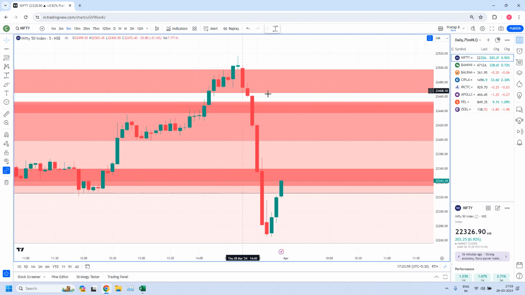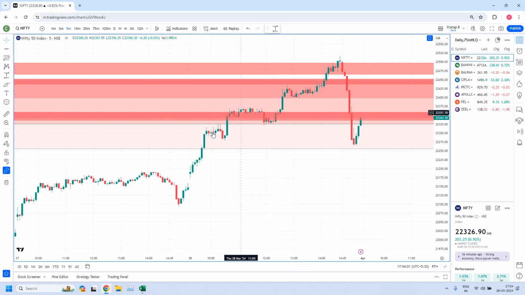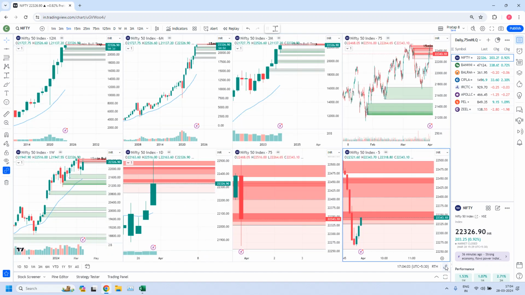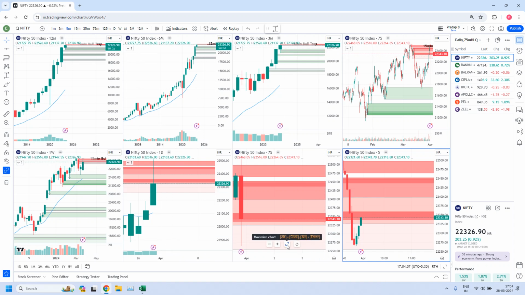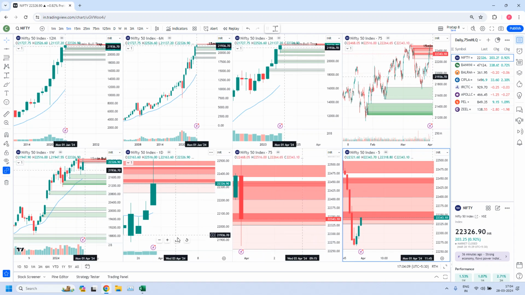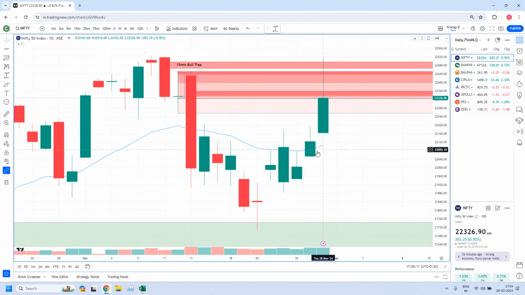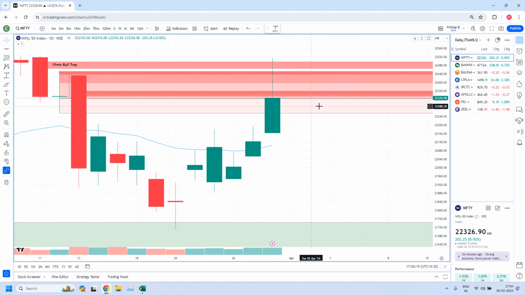But today, you know how strong the market is. Let me show you in the daily time frame. Yeah, okay, the daily time frame. See here, today morning from here how the market went up, such a huge strong move.